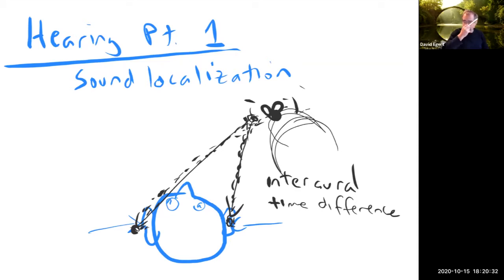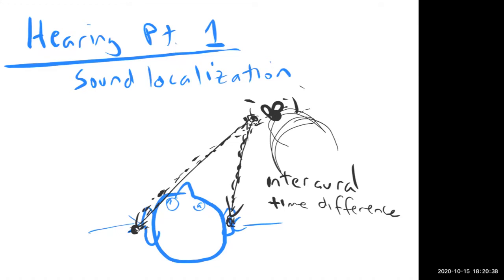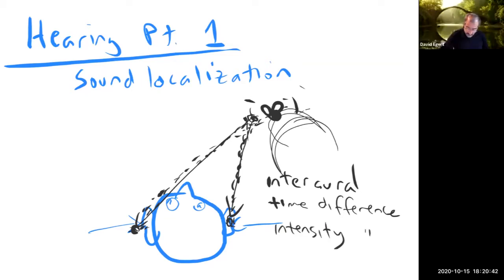What else will be different given that this ear is further away? The volume, exactly. So there's also going to be an interaural intensity difference, or volume. These are two important clues that your brain uses to know that this little fly is buzzing off on the right rather than off on the left.